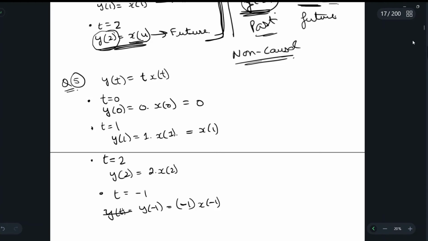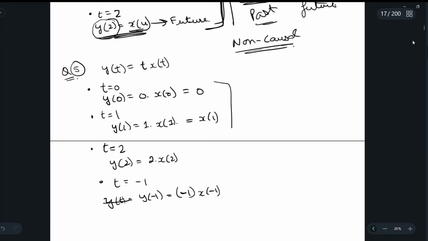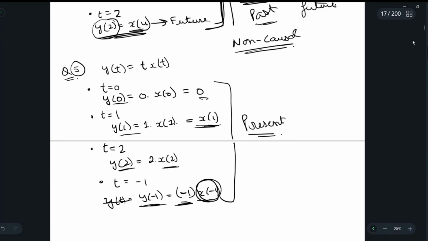So you will notice that we are only getting the present values. That is, for y of 0 we got 0, for y of 1 we got x of 1, for y of 2 we got x of 2, and for y of minus 1 we also got x of minus 1. We only have to look at the input, not the coefficients. So we are only getting the present values. So we know that if we only have the present values, then the system is causal.